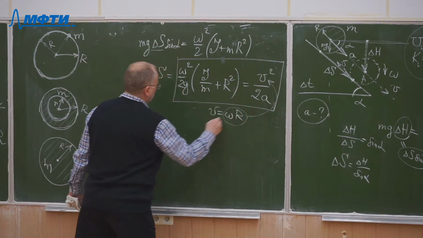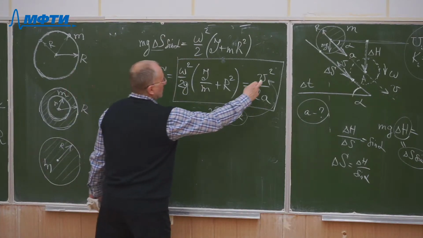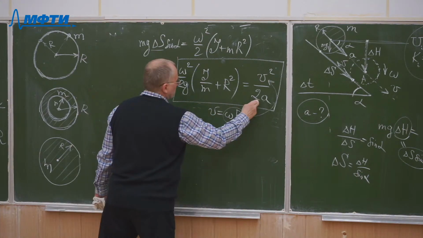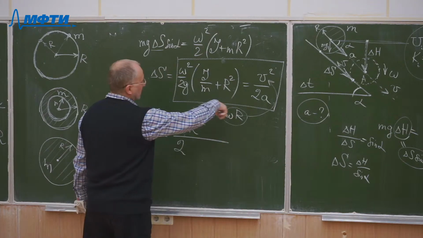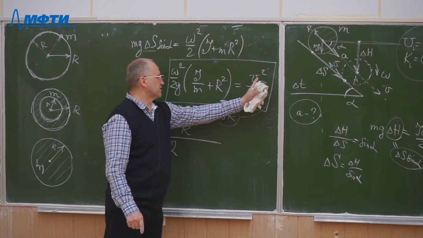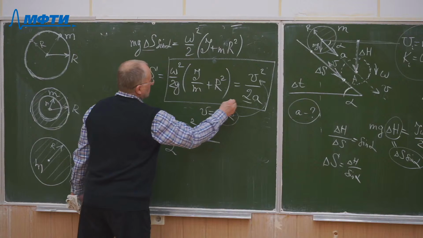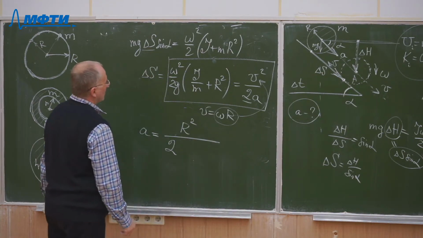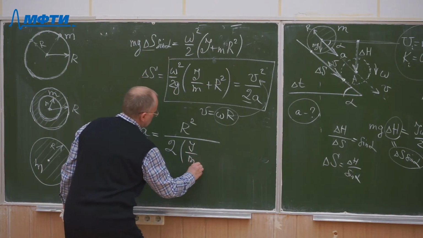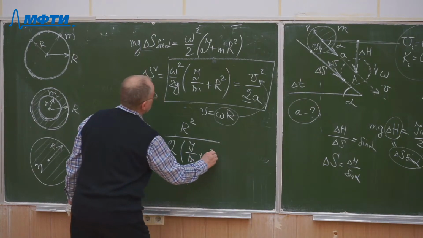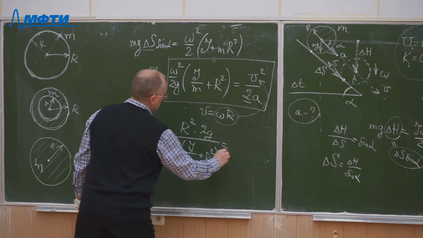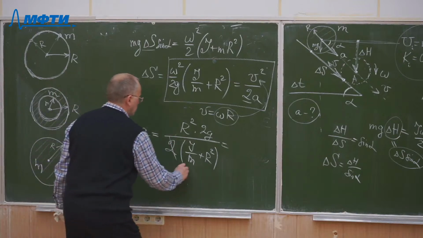And so I can write down the acceleration equal to r squared divided by 2, omega cancelled, r squared, what remains here. So r squared divided by this 2, and divided by what we have here, that will be moment of inertia I divided by m plus r squared, and 2g will go to the denominator. So 2 will cancel.